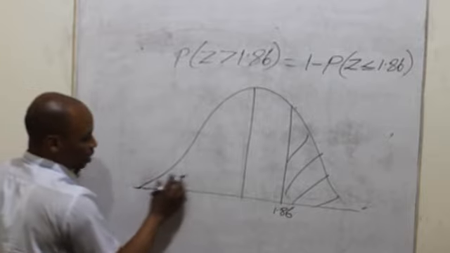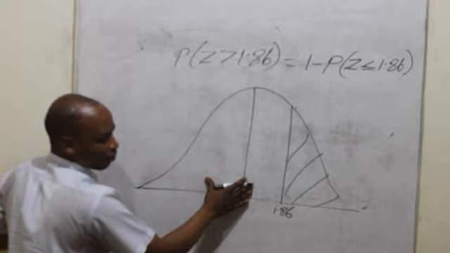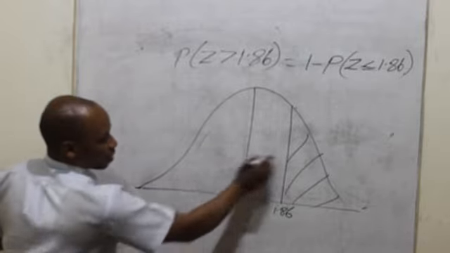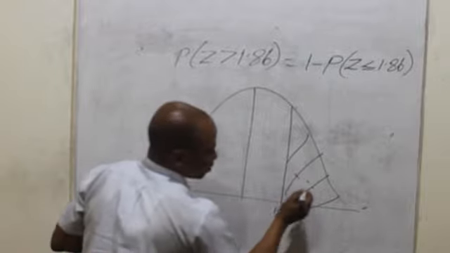So when we subtract this whole region from the total area bounded by the curve, we will end up getting this region.